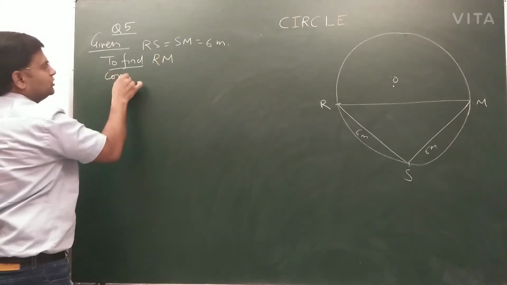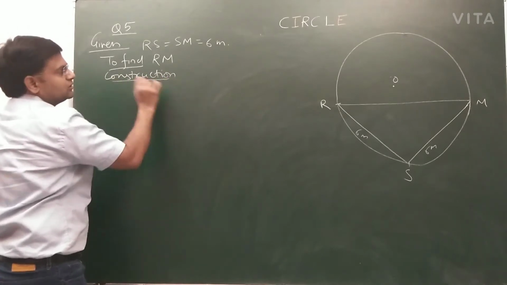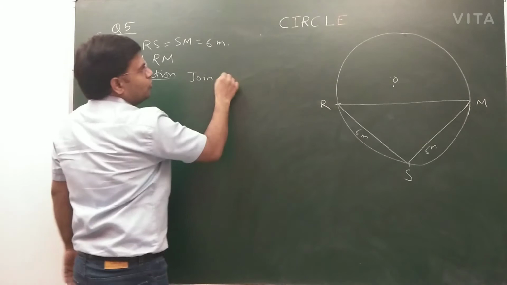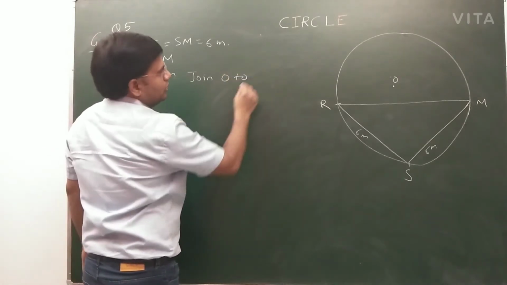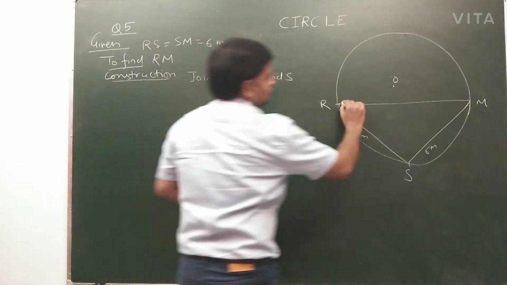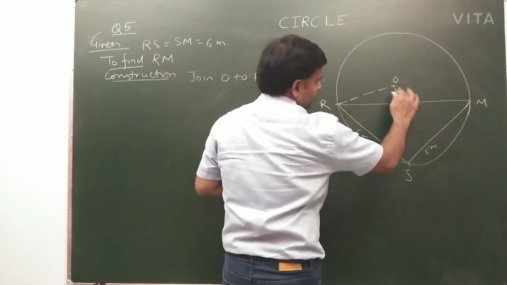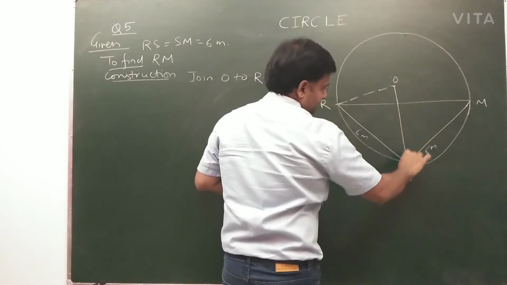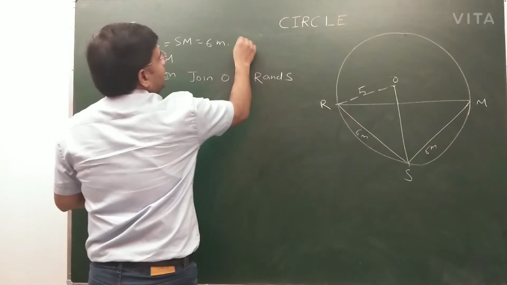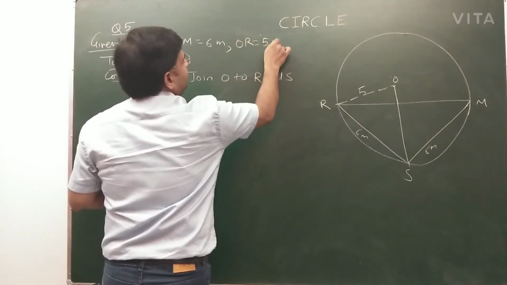Okay, in this question we have to do a small construction. What a small construction is? First you join O to R and S. So we are joining this O and this you also join, and the radius is also given, that OR is 5 meter.